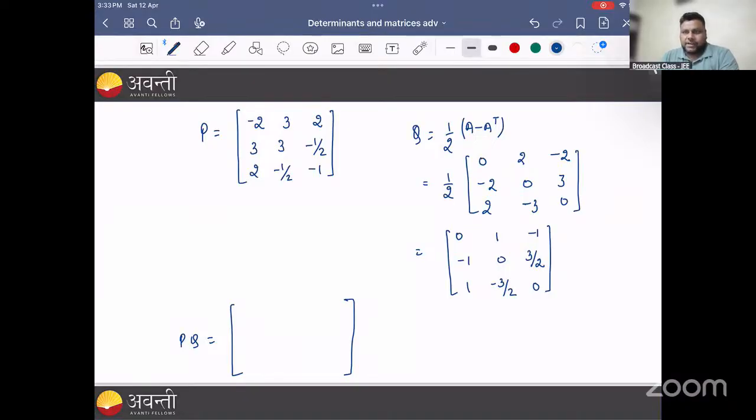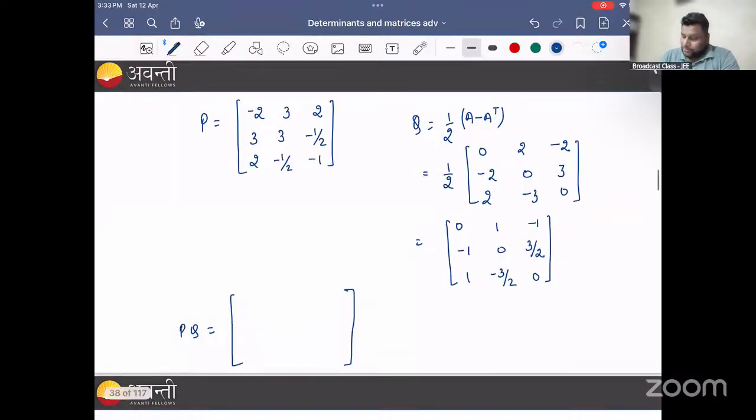Yes, Rama, Abhishek, Chandan, anyone? Tell me what is PQ? Anybody? All right. I'm also not going to calculate it, do it on your own later.